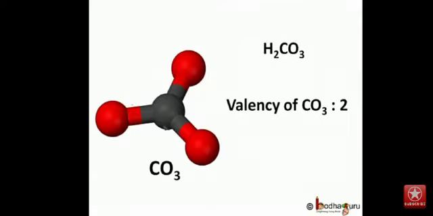A group also has a valency. So, what is the valency of carbonate? Well, H2CO3 is carbonic acid. Here we see one atom of carbonate combines with two atoms of hydrogen. This means its valency is 2.